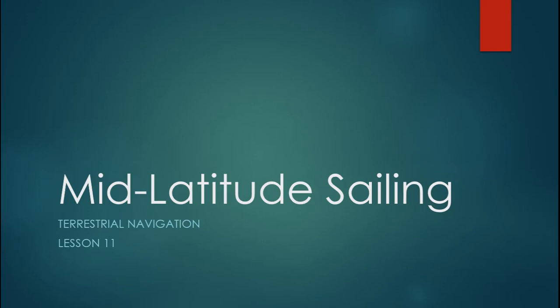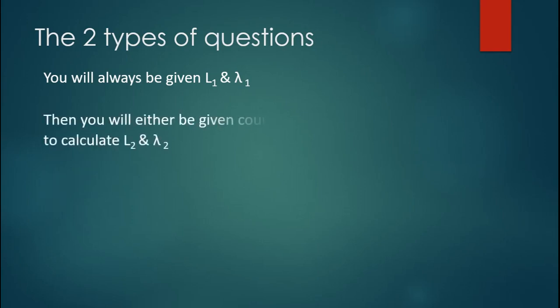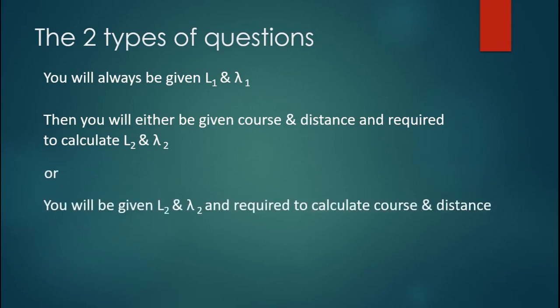So let's take a look at the types of questions that we'll get on the exam here. There's two types of questions that the Coast Guard will ask you. You'll always be given Lat 1 and Lambda 1, and then they'll either give you a course and a distance, and you'll be required to calculate L2 and Lambda 2, or you'll be given L2 and Lambda 2 and be required to calculate a course and a distance.